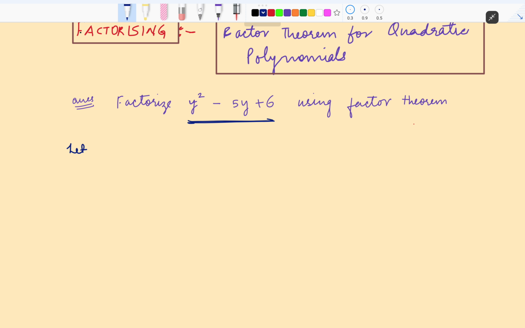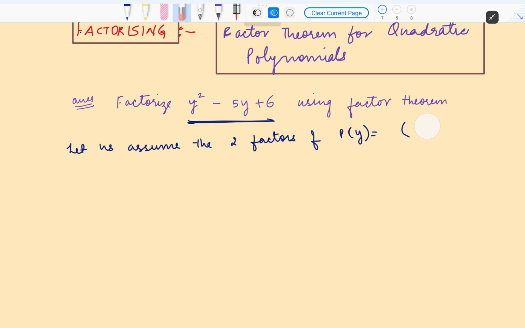Let us assume the 2 factors of this polynomial p of y are y minus a and y minus b. Okay, I'll tell you why I took minus a and minus b.